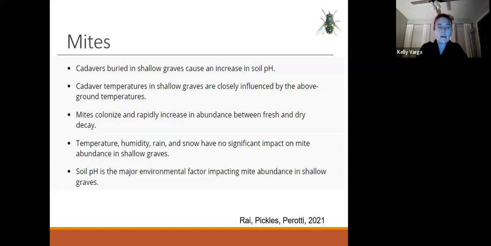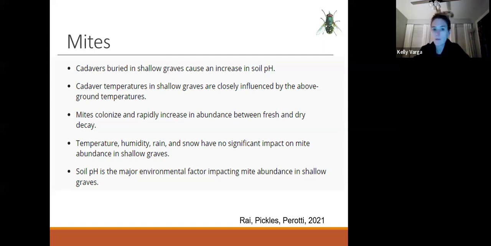And again, temperature above or below can also be affected by the cadaver in the shallow grave. And what we see is that mites will colonize and rapidly increase in abundance between fresh and dry decay. So over really the entire stage, and also depending on where it is buried. So buried a little bit underneath, or at least some aspects, because really the mites are in the soil.